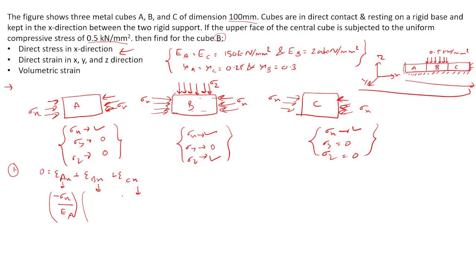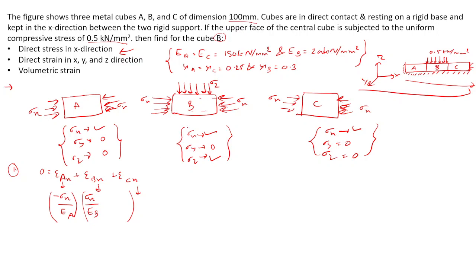Now coming to the epsilon of bx, strain of B in direction x. How will you find it? In B loading, see the loading first. Forget about A and C, just see only B. Sigma x and sigma z are there. Due to the longitudinal loading, this would be sigma x by EB, right?